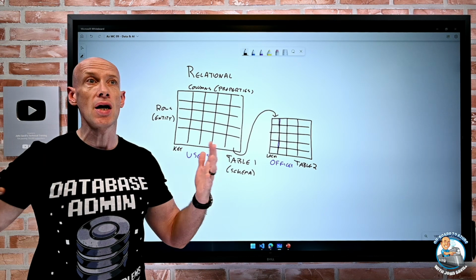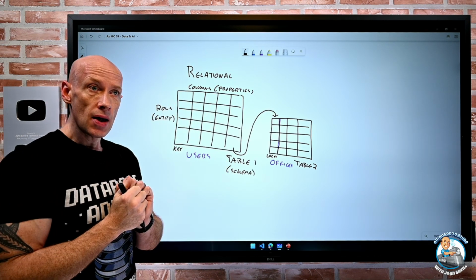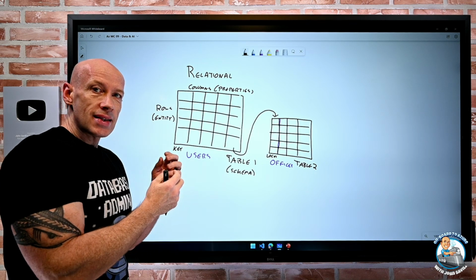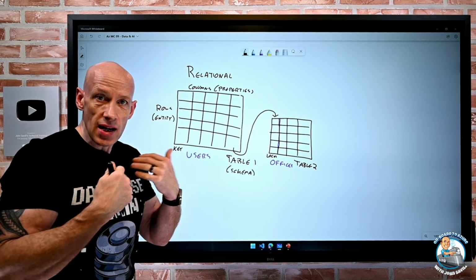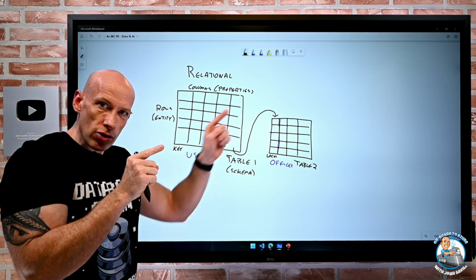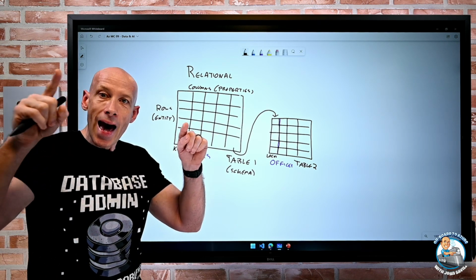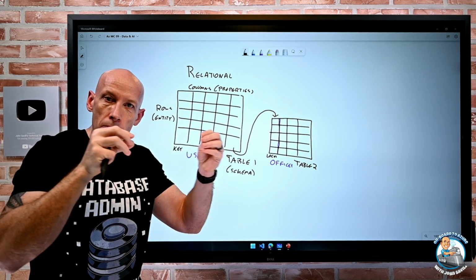Imagine it was a store. I might have a users table. I might have a set of tables around the different offerings I have in my store, my inventory. And then a separate table would be orders. And an order would reference the user that ordered it and that entity, a certain piece of inventory that would make up that order.